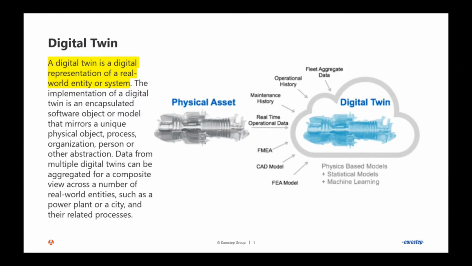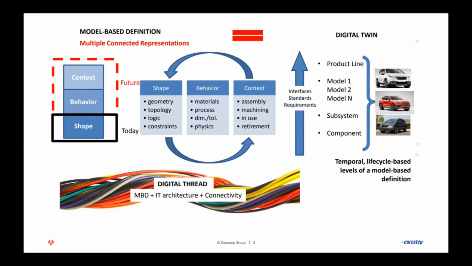But without real-time operational data, I don't think it's a twin. Then there is no connection between the physical asset and the digital twin. A digital twin is very close to what a model-based definition is.